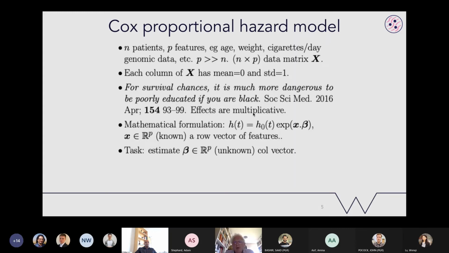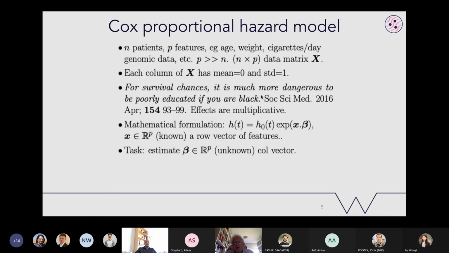Then I've got this quote from a social science journal, and it says, "For survival chances, it is much more dangerous to be poorly educated if you're black." So this is an example of a multiplicative effect. Social scientists have found that many survival statistics are multiplicative. And if you smoke, as well as being poorly educated and black, then you multiply the hazard by a factor.